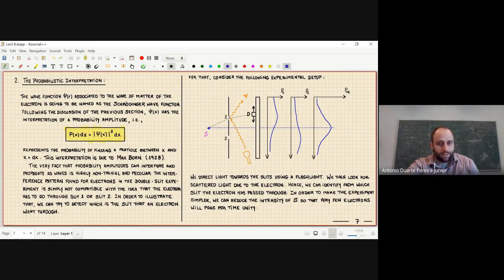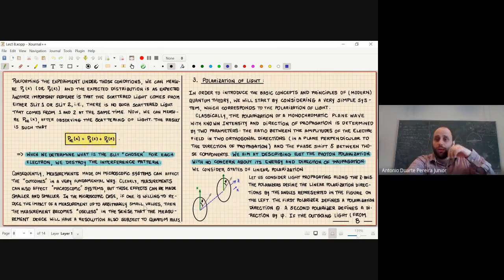This is a very simple system, and by simple I mean that you need few parameters in order to describe the system.